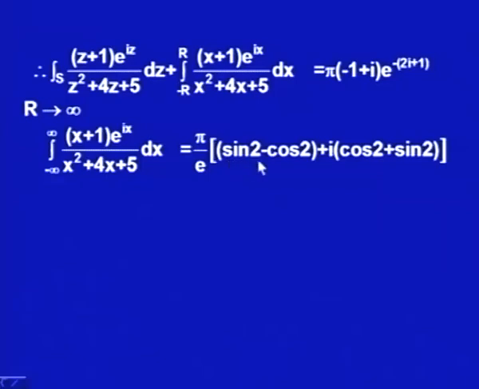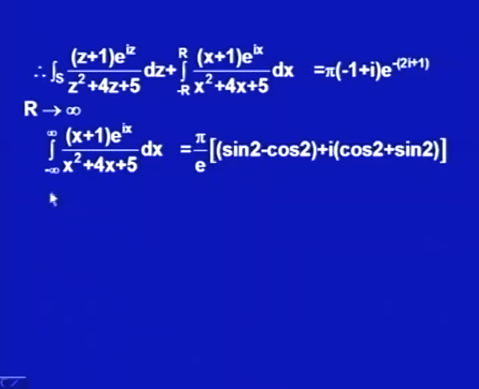We get sin 2 minus cos 2 plus i times (cos 2 plus sin 2). Now, on the left hand side, for e to the power i x, again we can use Euler's formula and write it as cos x plus i sin x. That says that this left hand side actually has two improper integrals.